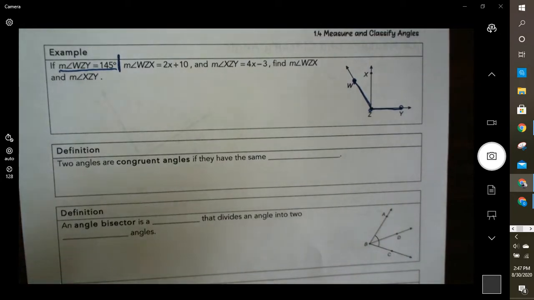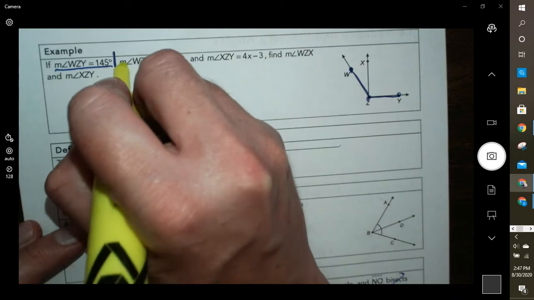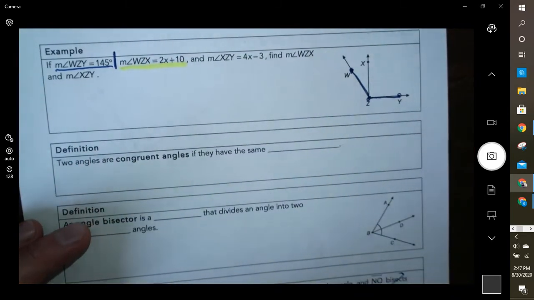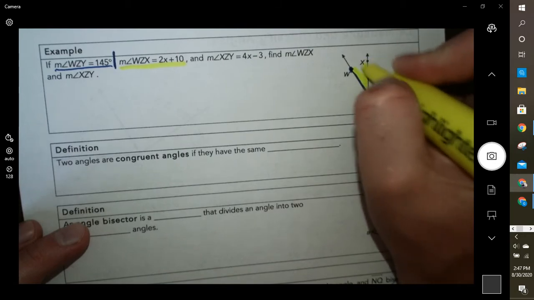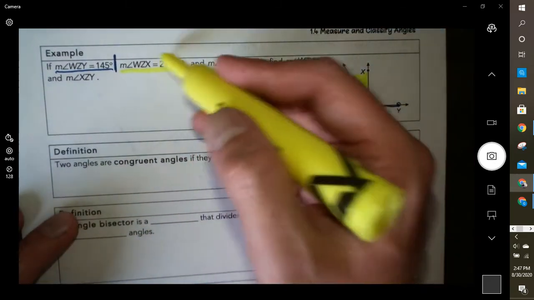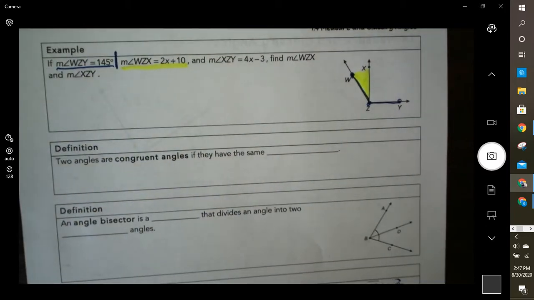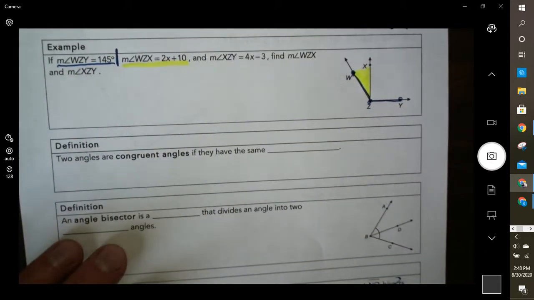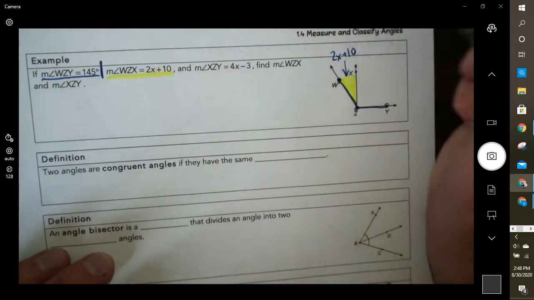All right, let's go to part 2 of this. The measurement of WZX equals this expression. So it's this part here is 2x plus 10. And I'll try to write that in here. 2x plus 10.